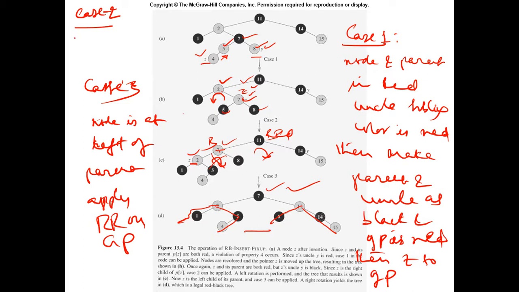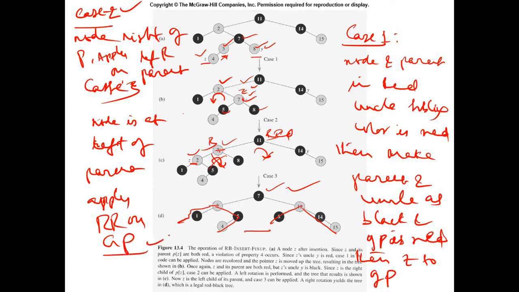Case 2 means node is at the right of parent, then apply left rotation on parent. Yes or no? There's a small change. In case 2, you are applying left rotation on parent, but in case 3, you are applying right rotation on grandparent, right?